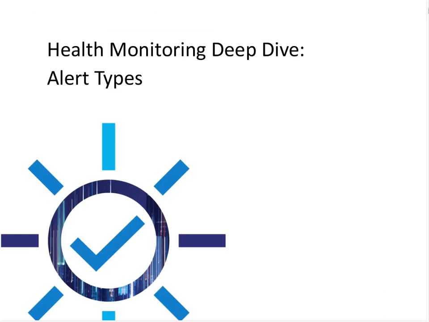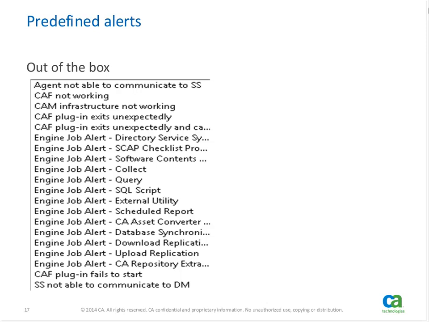Okay, we'll talk about the alert types. Here are the predefined out-of-the-box alerts. This is basically a screenshot from the manager. So: agent not able to communicate to the scalability server, CAF not working, CAM not working, components of CAF not working, different types of engine alerts, one of the CAF components doesn't start, or the scalability server is not able to communicate to the domain manager.